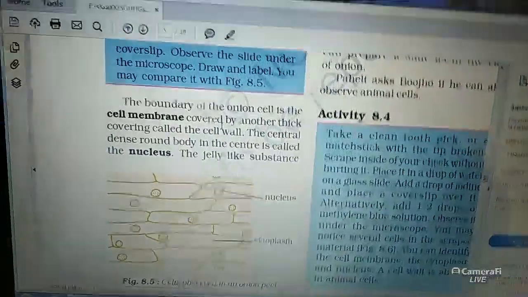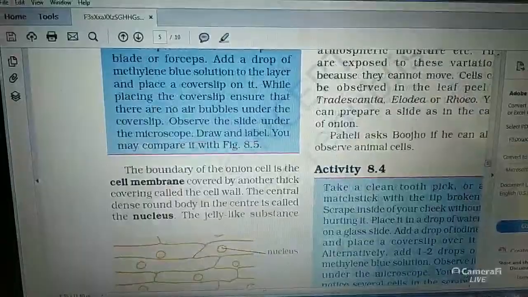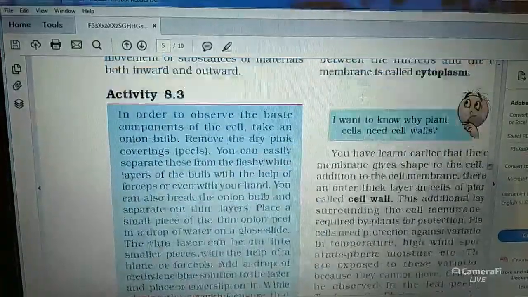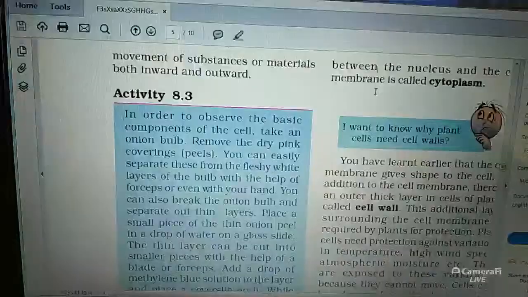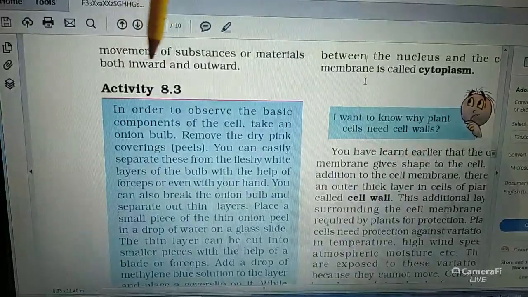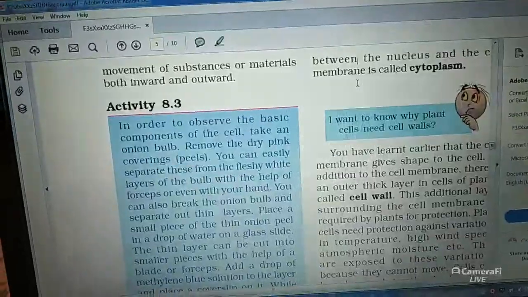As you communicate with your friend, like that a cell also has to communicate with other cells to continue its function. Am I clear? This allows movement of substance or material both inward and outward. Is that clear?